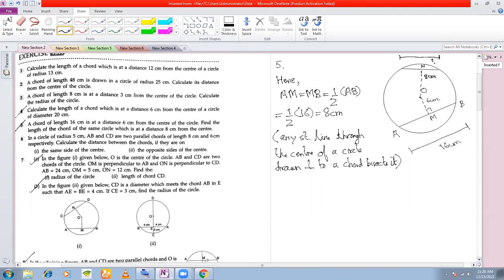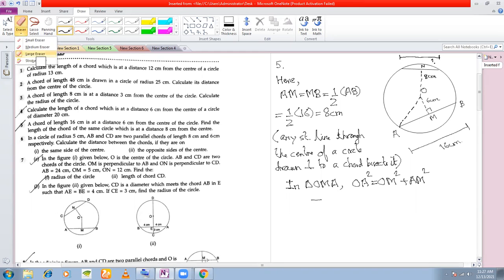Fine. So we've got the length of AM and we have got the length of AB. Now what you do is you join this OA. That is, OA is the radius of the circle, right? So what is the triangle that is formed? OMA is formed. So in triangle OMA, hypotenuse is OA. So OA square is equal to perpendicular OM square plus base AM square, right?